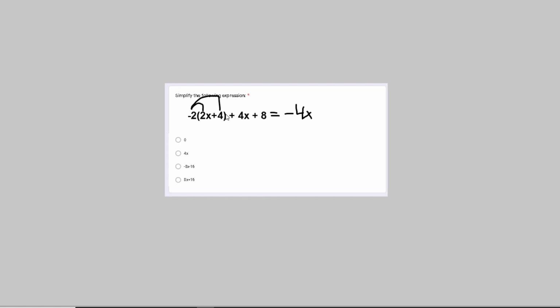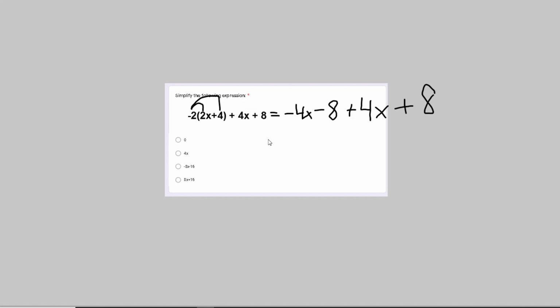Negative 2 times 4 would be negative 8. So I'm going to do minus 8, right, because subtraction is really the same thing as adding a negative. And we add 4x. And then we add 8.